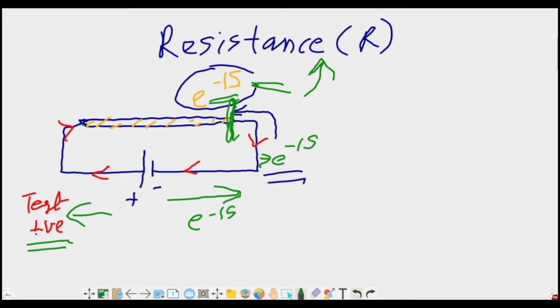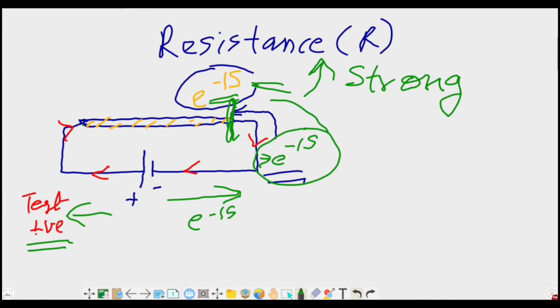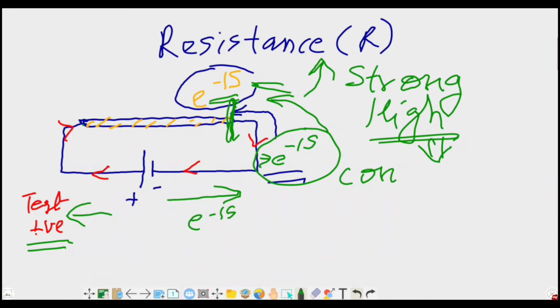If this obstruction is very strong, then they won't allow these electrons to enter. So you can say resistance is high, but electrons cannot pass through, so conduction is low. Got it?